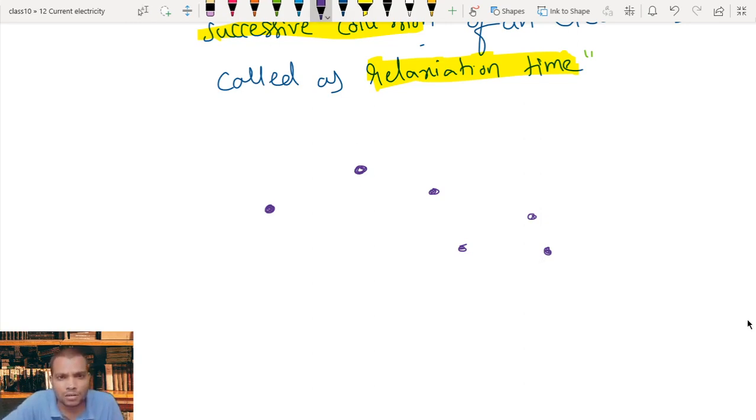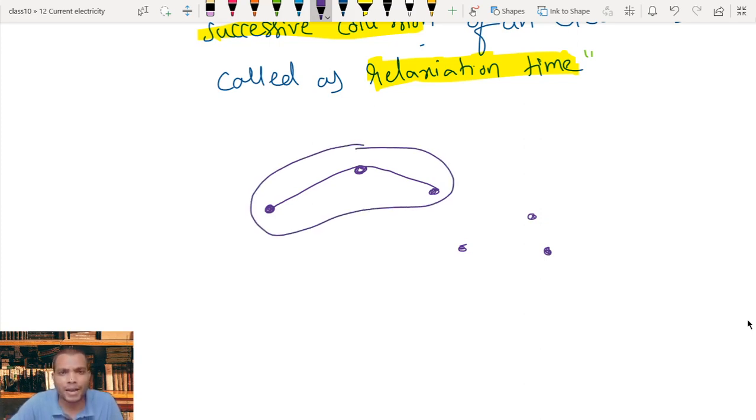It went up to here and collided. After collision it changed direction, and again it collided. The time taken between these two successive collisions, successive meaning back to back, we define as the relaxation time.